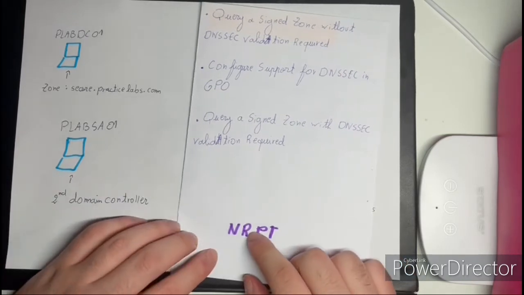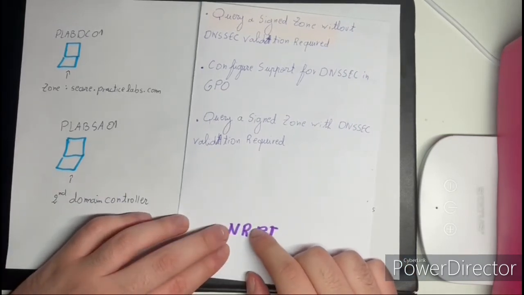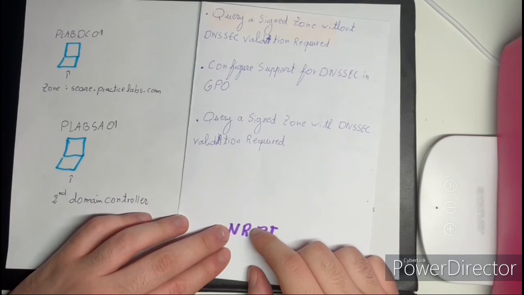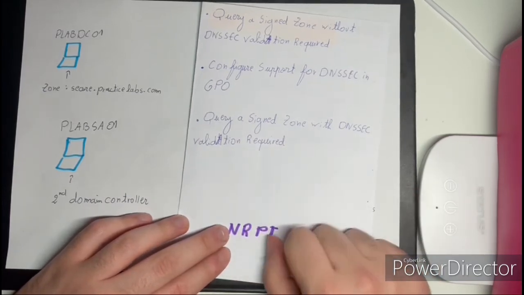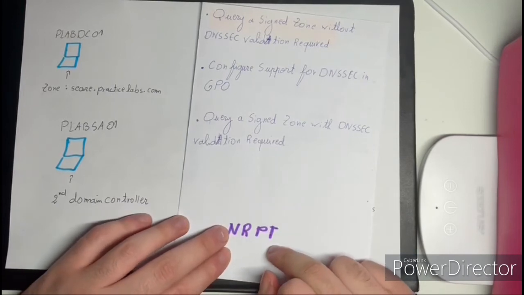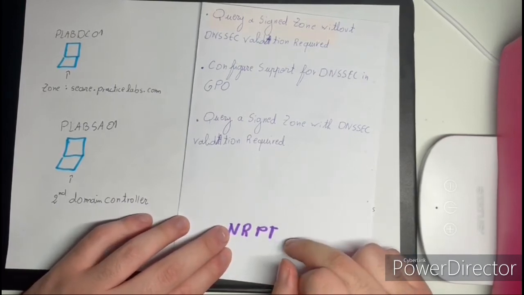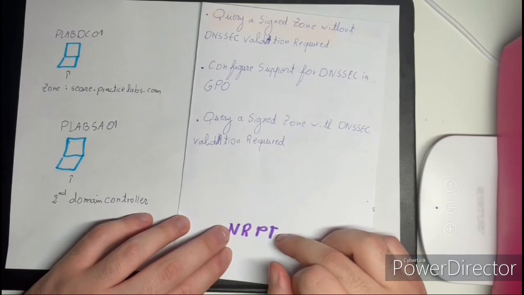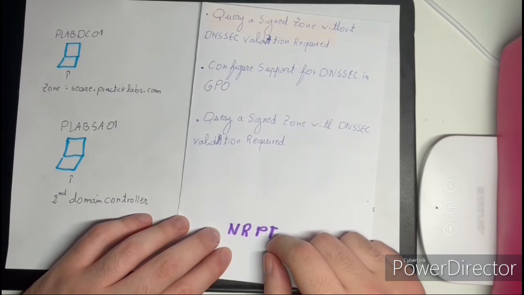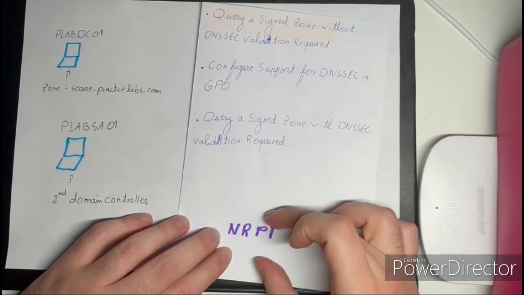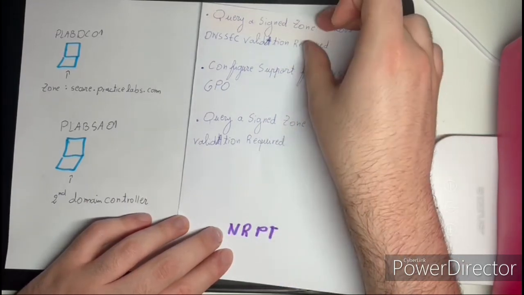Basically, it will be used to require DNSSEC validation when a DNSSEC-aware client queries a DNS server. The NRPT is configurable via local GPO, or group policy, for local testing, or domain group policy for domain environments. So this part is related to that part.